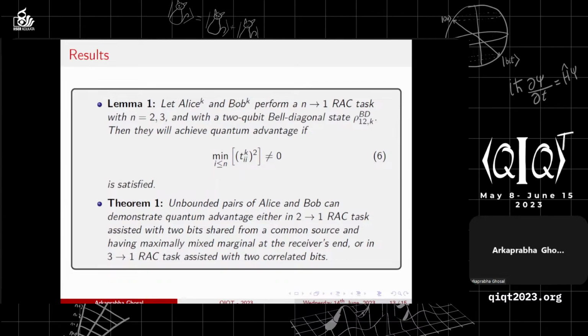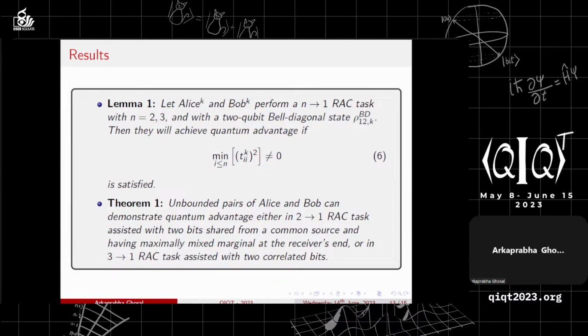Well, there are some corollaries which can be followed from this lemma and theorem. The first corollary is that suppose a subset of players, Alice 1 and Bob 1, want to play 2-to-1 RAC with some probability p, and the other players want to play the 3-to-1 RAC game with probability 1 minus p.